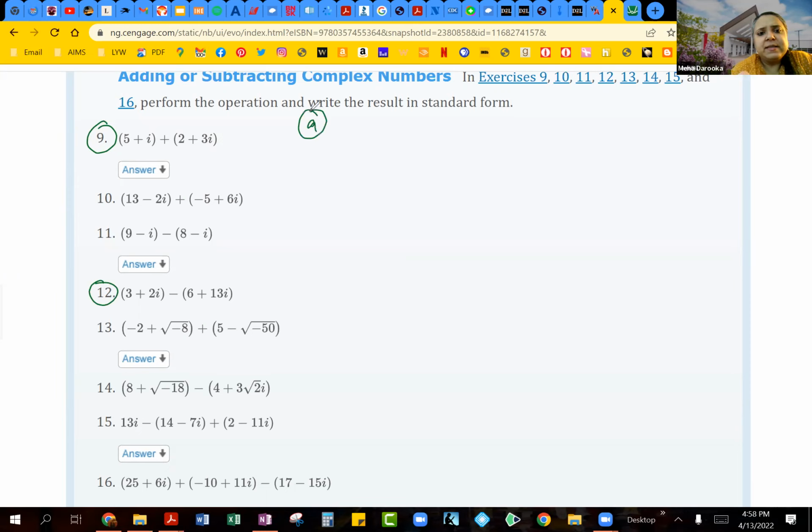So for number 9, you have 5 plus i being added with 2 plus 3i. So again, since this is addition, you don't have to worry about any negative signs. We can just go ahead and write these out without the parentheses. And again, it's like combining like terms.